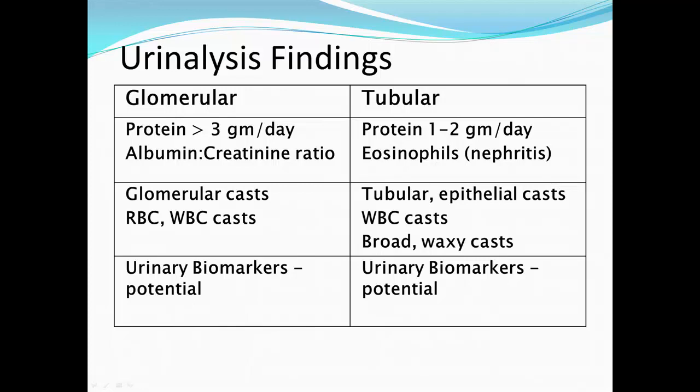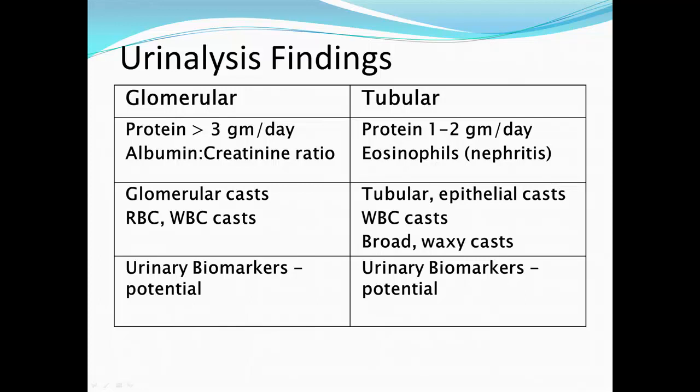When we look at urinary sediment, if it's a glomerular disease, we're going to look for glomerular casts, cast-off cells. In a tubular pathology, we would look for tubular and tubular epithelial casts. We may see red cell and white cell casts in glomerular disease. You'll see white cell casts and a much larger amount of red cells themselves, or red cell casts, in tubular disease, so the volume would be higher.